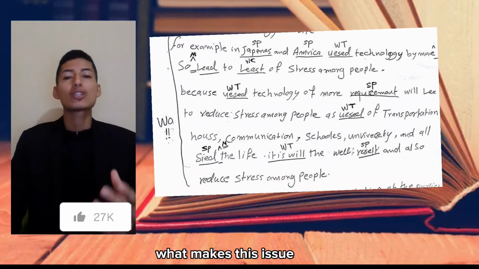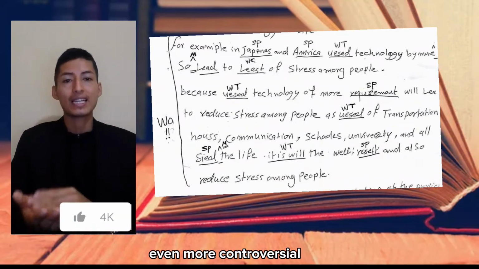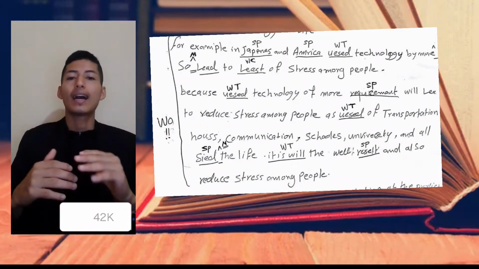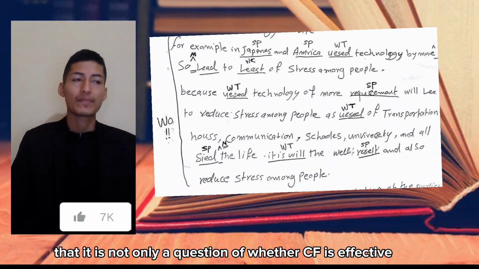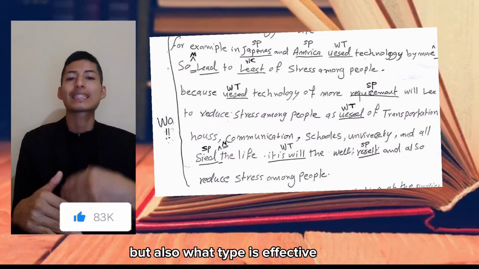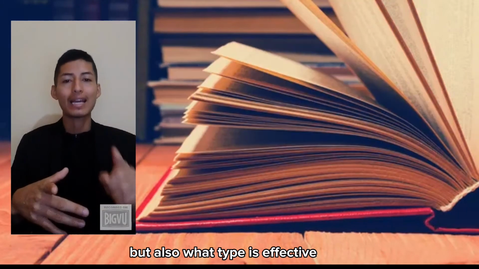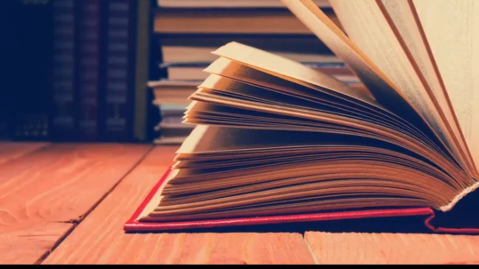What makes this issue even more controversial is the variety of strategies for conducting written corrective feedback. It is not only a question of whether corrective feedback is effective, but also what type is effective.